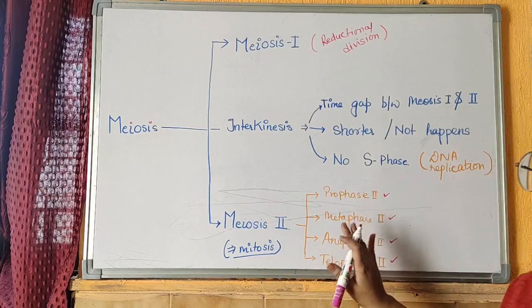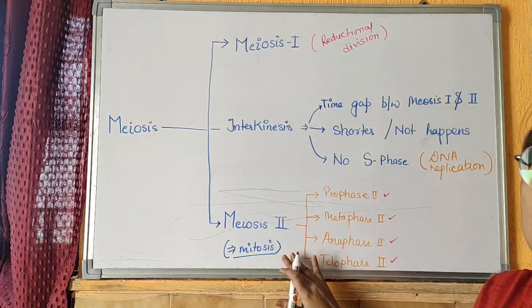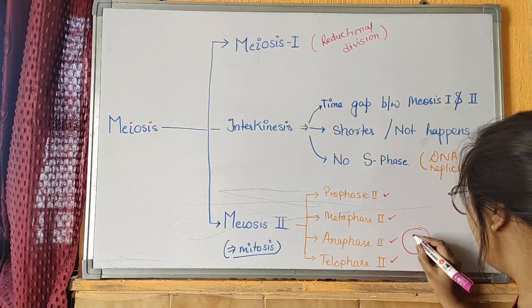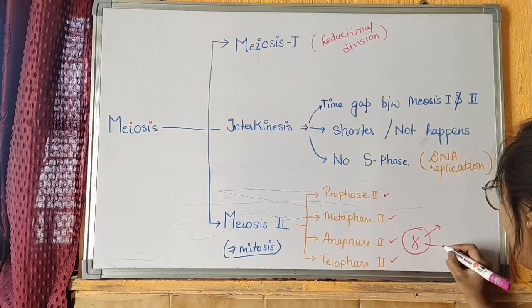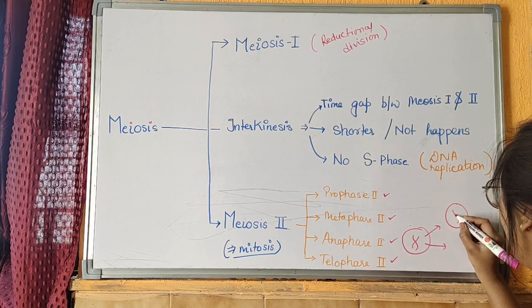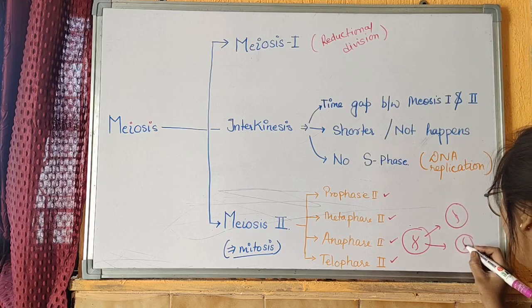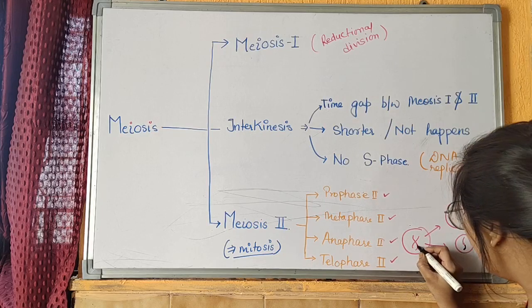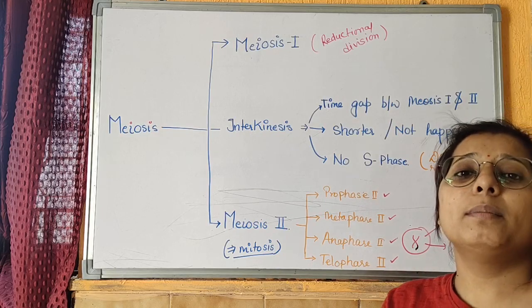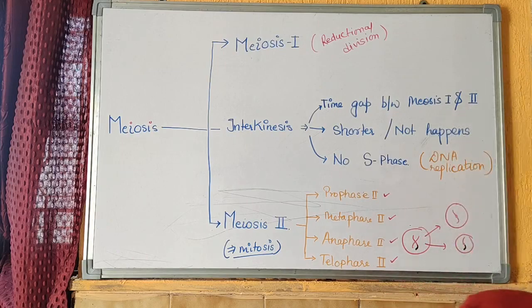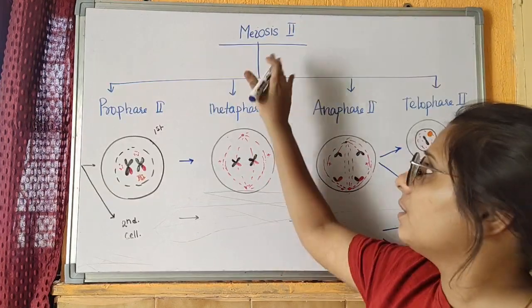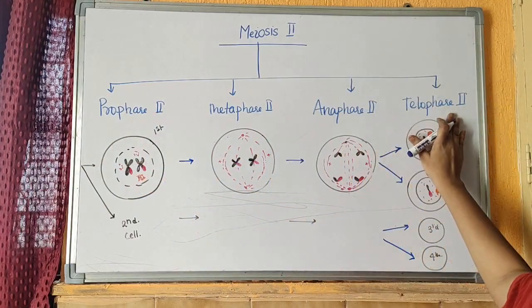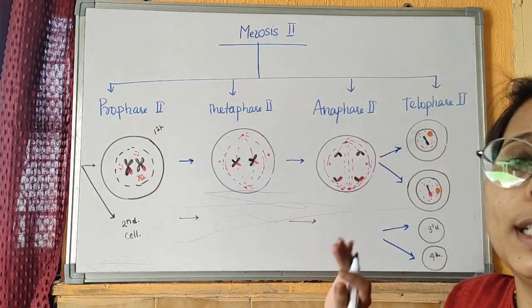The only difference between mitosis and meiosis 2 is that during anaphase, the separation of two sister chromatids occurs and the second sister chromatid has part of the exchanged chromatin material from the homologous pair. Meiosis 2 has 4 phases: prophase 2, metaphase 2, anaphase 2 and telophase 2. All these phases are equivalent to mitosis.